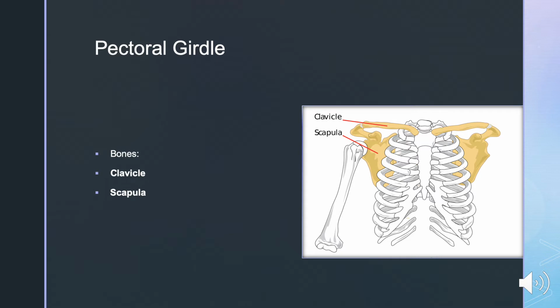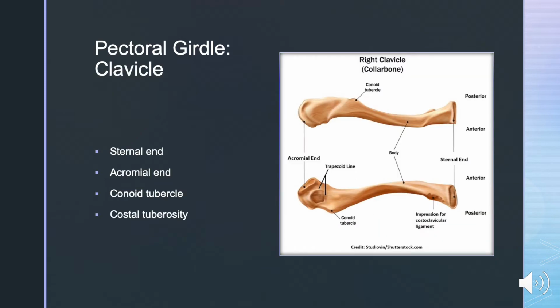Let's start with the pectoral girdle, in which there are 2 main bones, the clavicle and scapula. The clavicle has a sternal end, which is medial and attaches to the sternum, and an acromial end, which is lateral and attaches the acromion of the scapula. There are also some markings on the clavicle, such as the conoid tubercle and costal tuberosity.